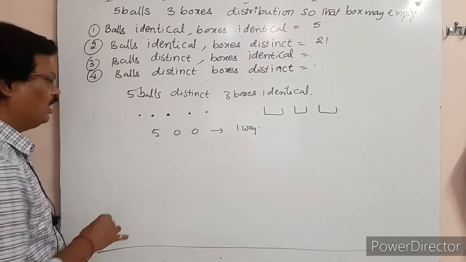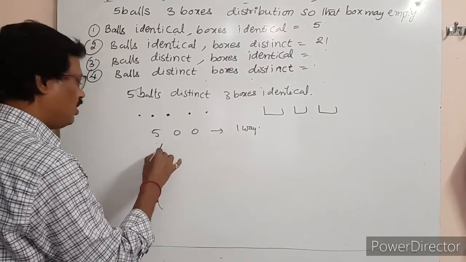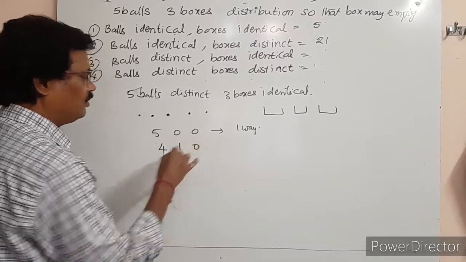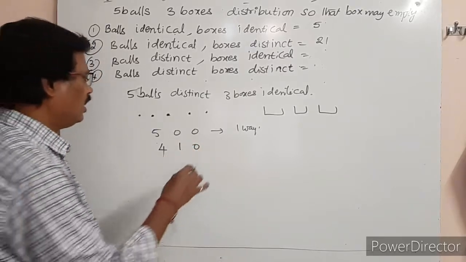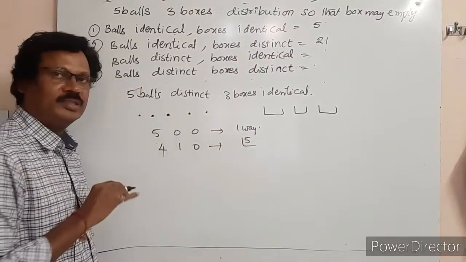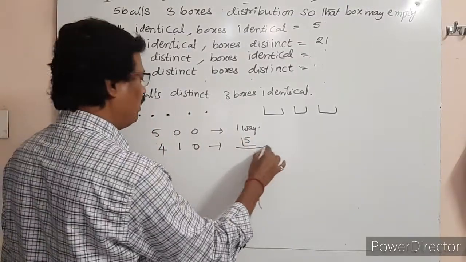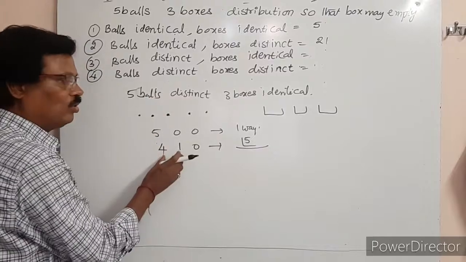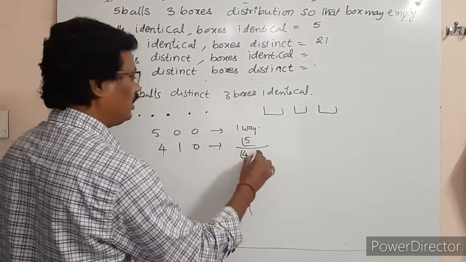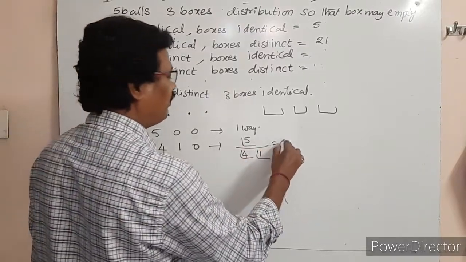Okay? And the next, first box containing 4 balls, second box 1 ball, 0. This is how many ways? 5 factorial, all 5 balls are distinct. Therefore 5 factorial by dividing into 2 groups, first group containing the 4, second group containing the 1. Therefore this is 5 ways.